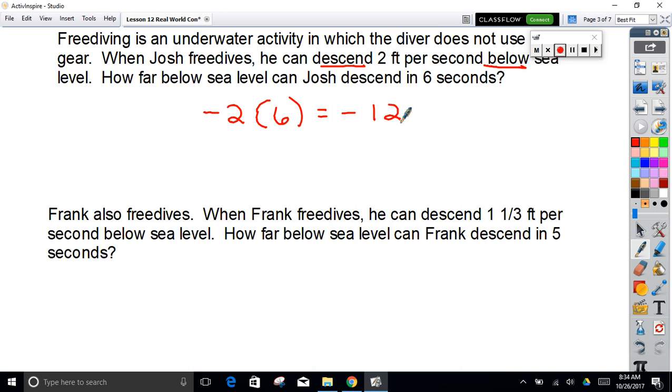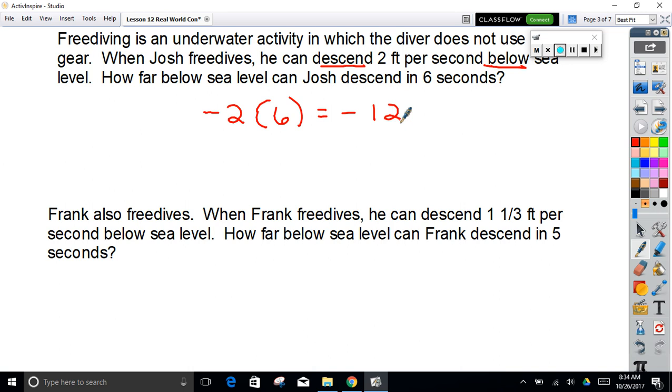Elena? Josh is negative 12 feet below sea level. Okay, but if we say Josh is negative 12 feet below, that's like what we were talking about the other day with grammar. You just want to say 12 feet below. So if you're summing it up in a sentence, the word below means negative.